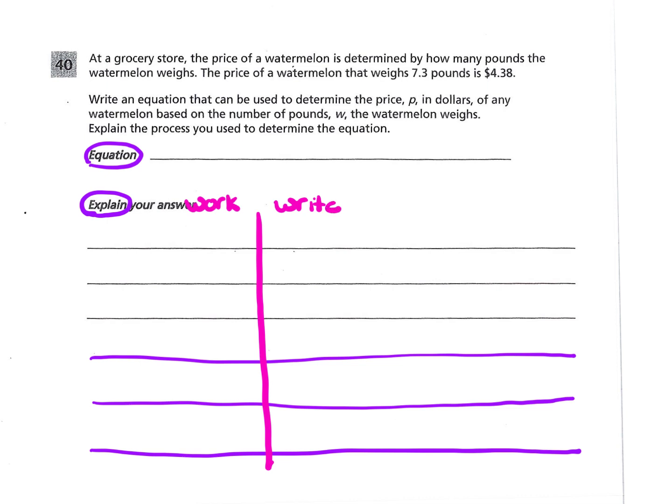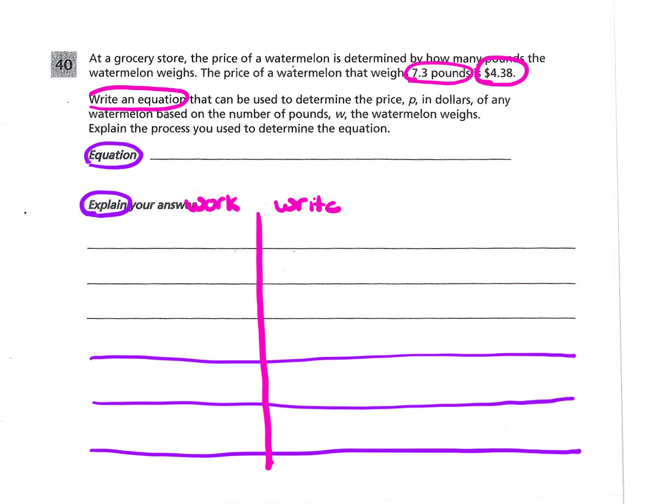Now let's read our story problem. At the grocery store, the price of a watermelon is determined by how many pounds the watermelon weighs. The price of the watermelon that weighs 7.3 pounds is $4.38.